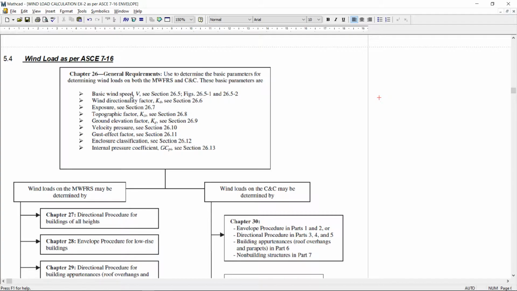So for ultimate load, generally as per IBC, you can multiply it by a factor of 1.6, or rather, to convert that service load velocity into an ultimate load velocity. So here now I am taking the ultimate load velocity directly from the website.